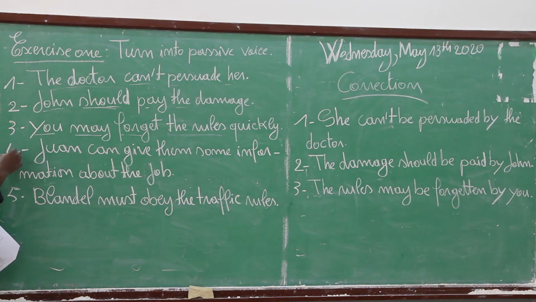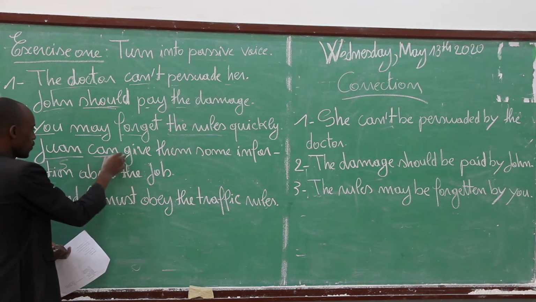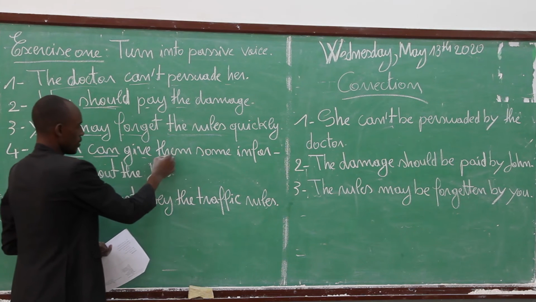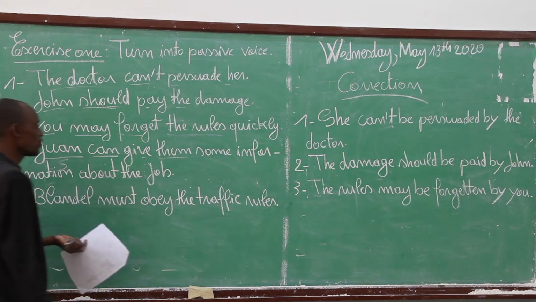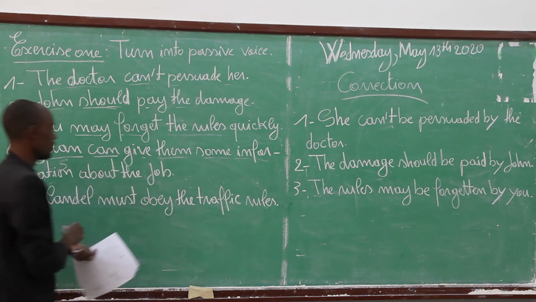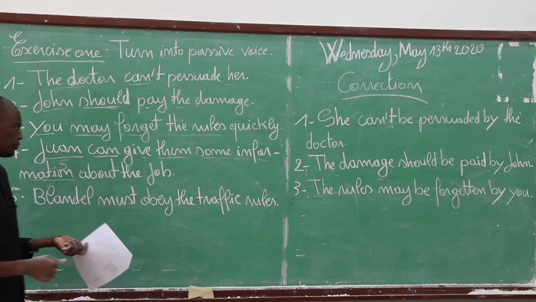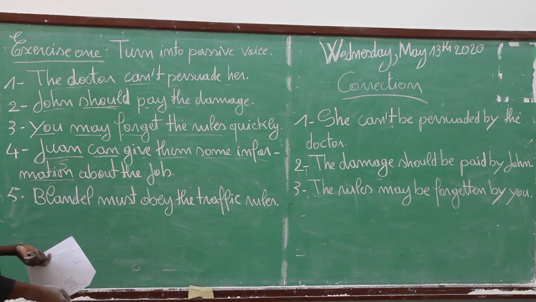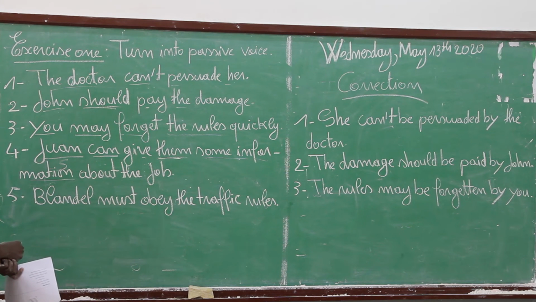Here we have the fourth sentence. Subject, modal, and main verb, and we have the objects. Some information, and here we have two objects. We have them, and we have also some information. Le complément d'attribution et le complément d'objet. Donc ici nous avons deux objets. We are going to make our choice.